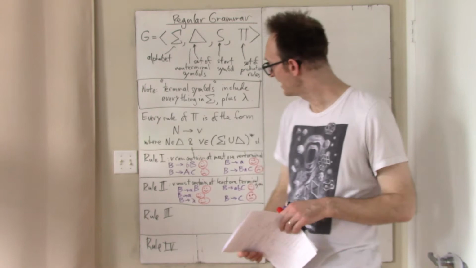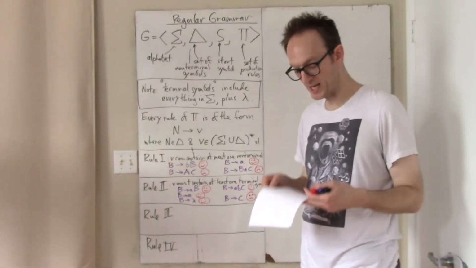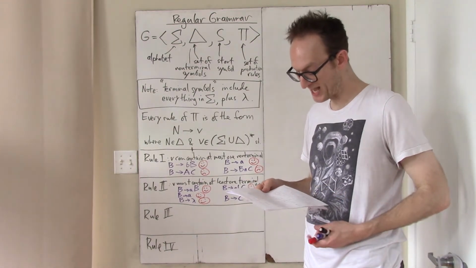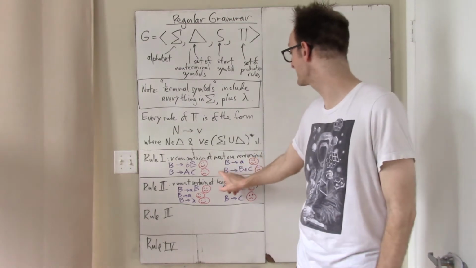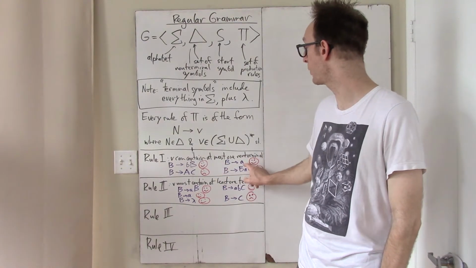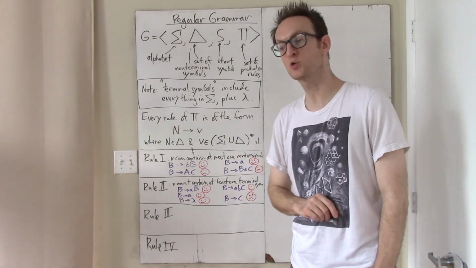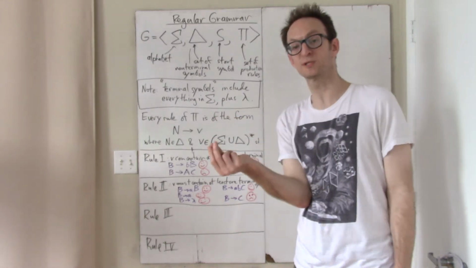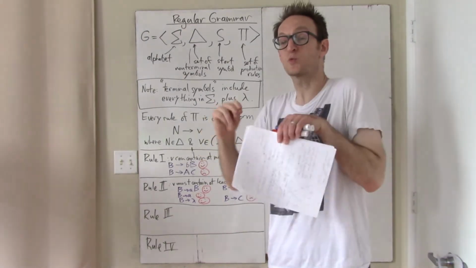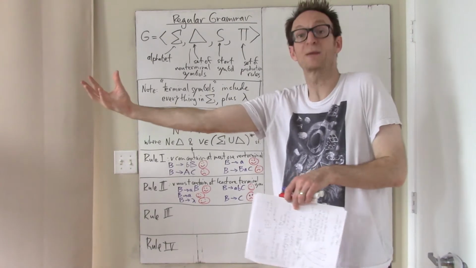But also, because of Rule 1, which says that we can't have more than one non-terminal, you should think of the non-terminal symbols as being the symbols from which we will continue to generate more stuff.